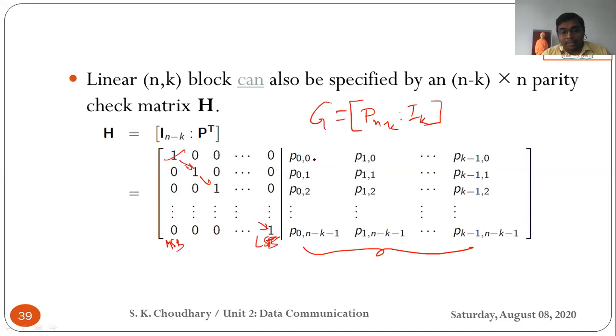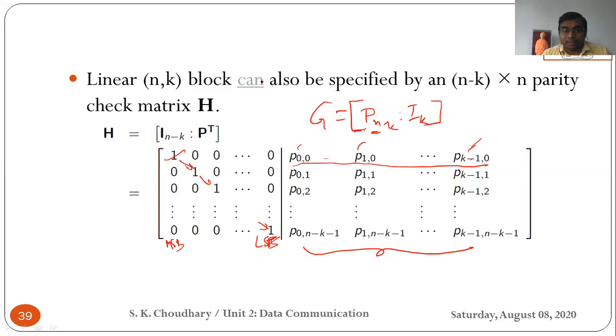In the first case, these columns are present first. These are actually rows in the generator matrix: the first row, the second row, up to the kth row. Now they become the first column, second column, and the kth column. Rows are converted into columns. The first column in the generator matrix now becomes the first row.